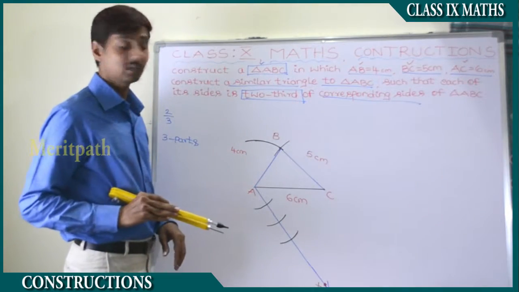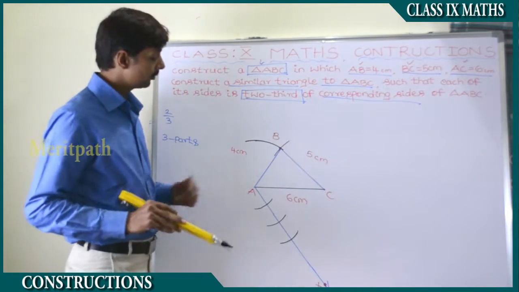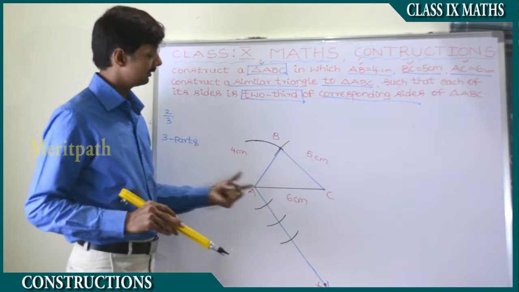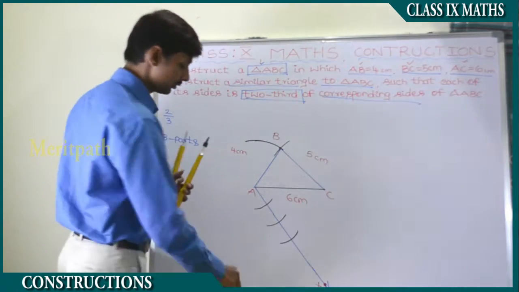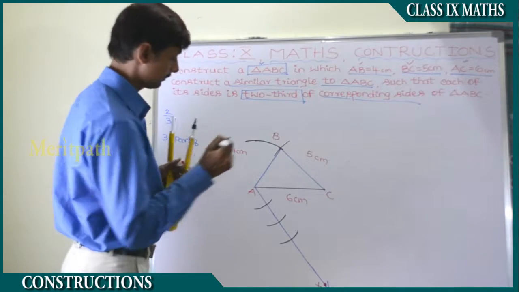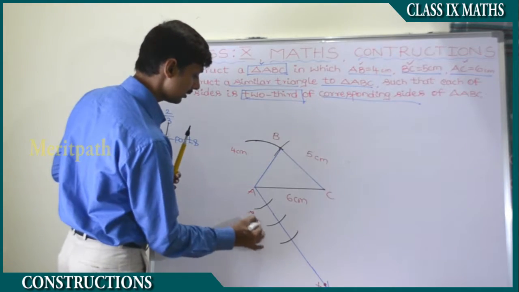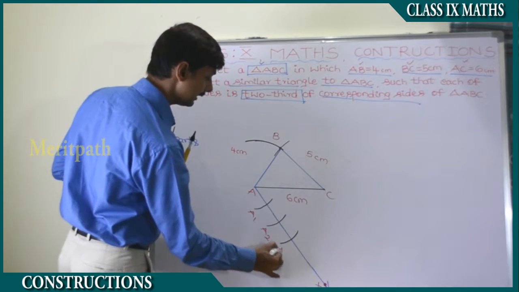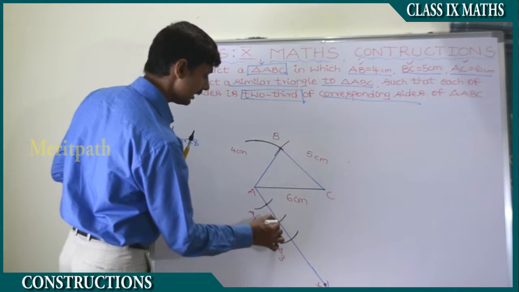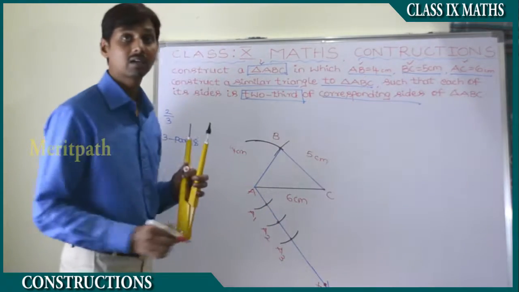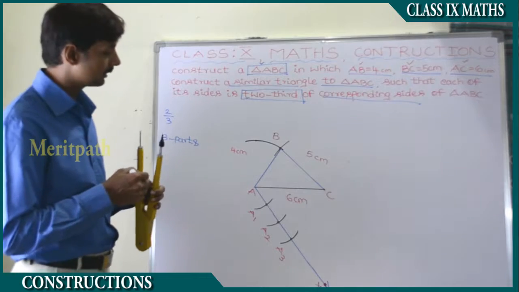We got 3 arcs there. These are 3 equal parts, so let's name them A1, A2 and A3.